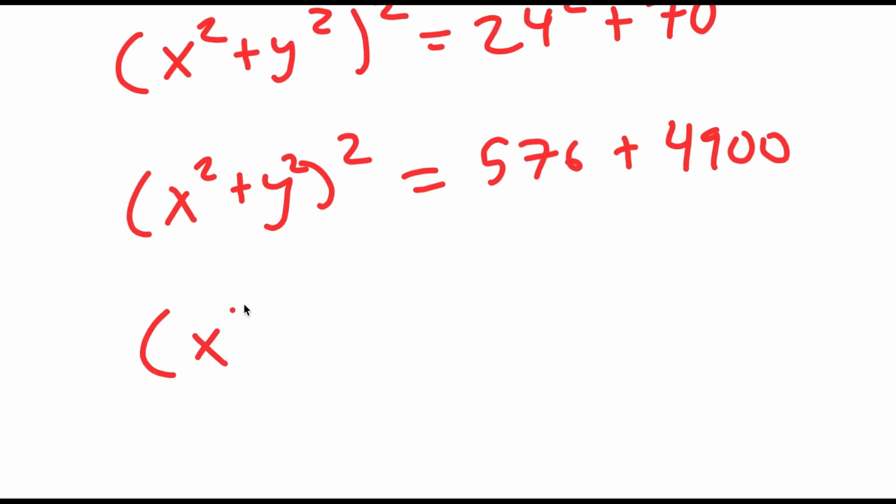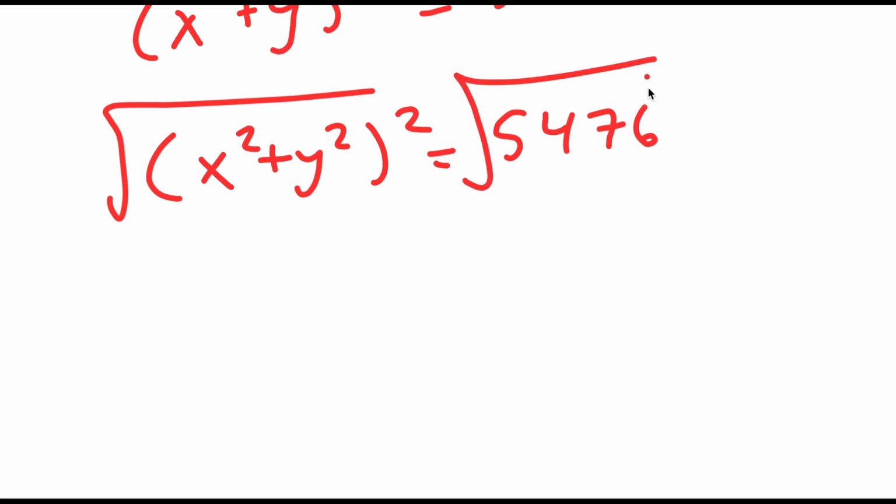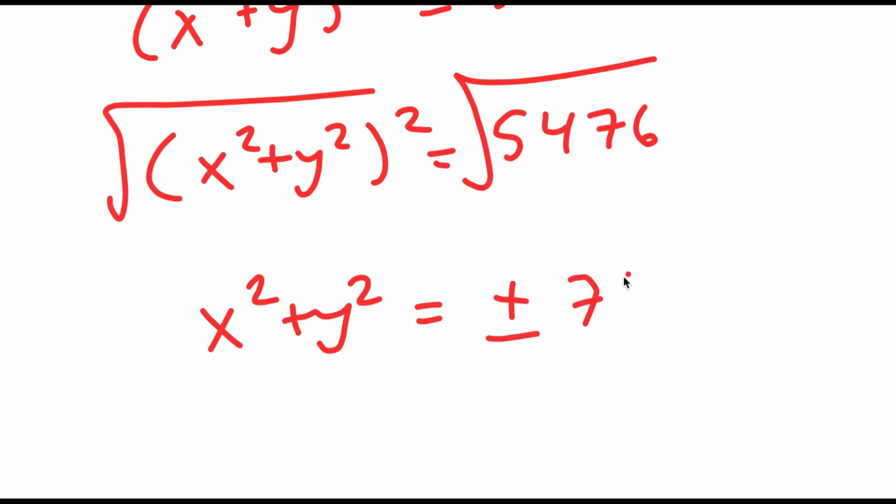So I get x squared plus y squared, squared, is equal to 5,476. Now we want to get rid of this square, so I'm going to take the square root on both sides. So now I have x squared plus y squared is equal to positive or negative 76. Sorry, positive or negative 74.